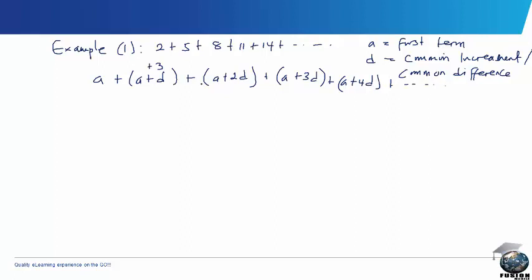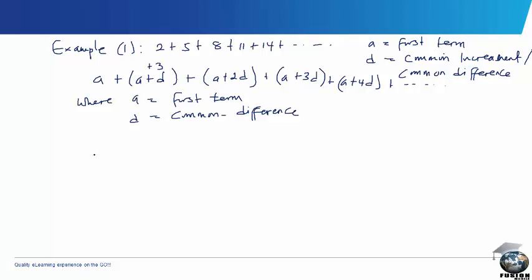If the sequence continues in that manner, we'll get an expression for the last term. Remember that a is equal to the first term, and d is equal to the common difference. We can define the nth term as adding a particular amount of the common difference to the constant a.